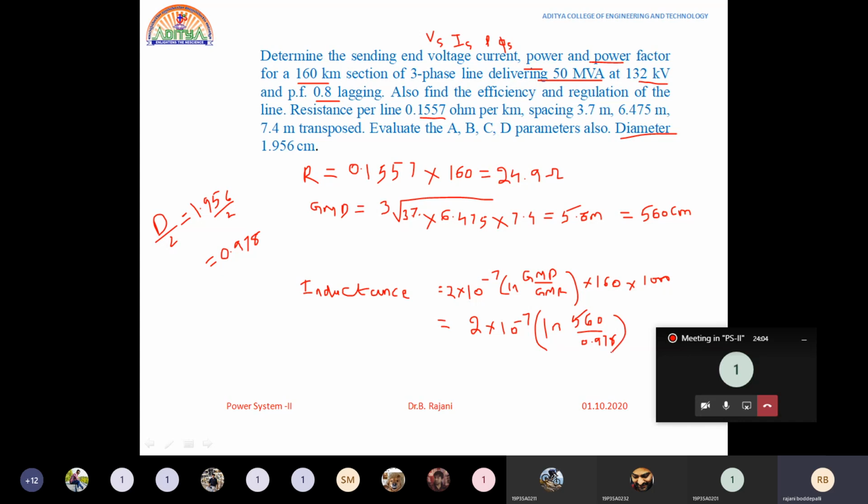That is multiplied with 160 into 1000. Now how much is this value?